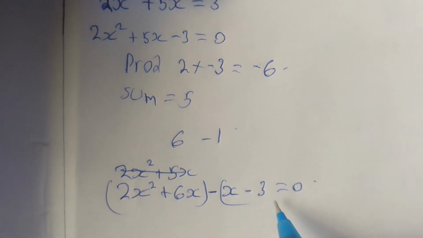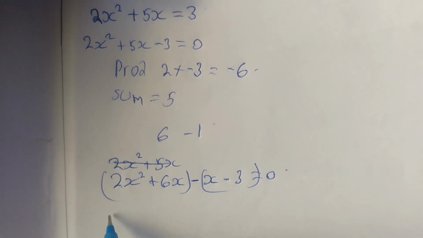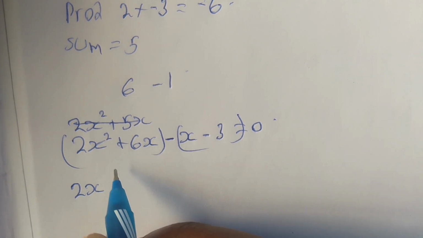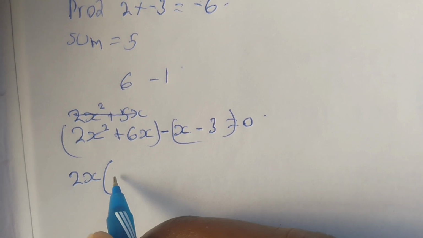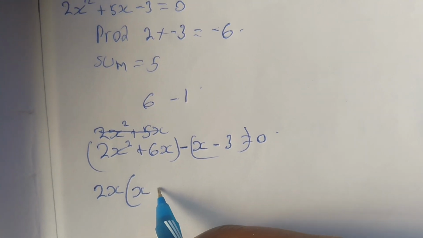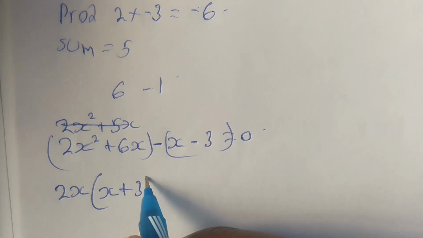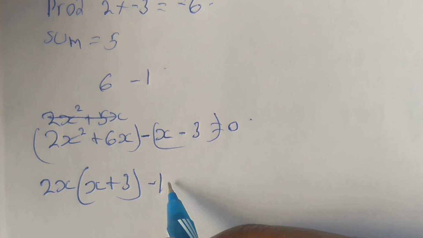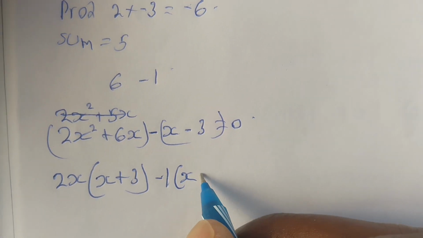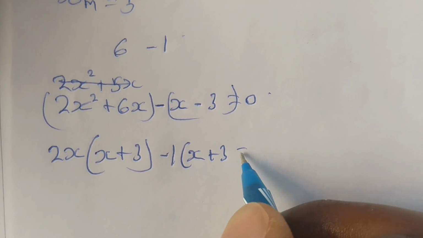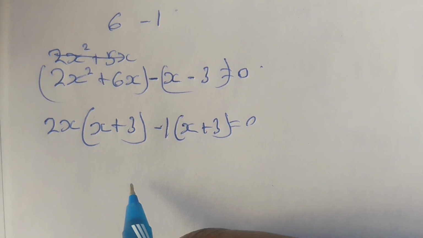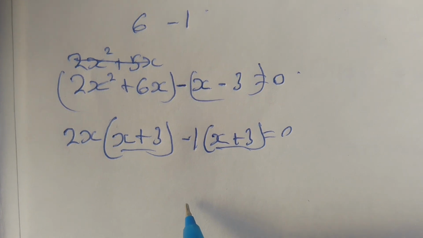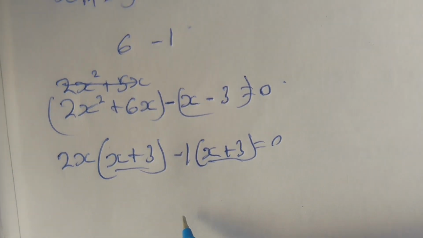Take the 2x into x plus 3. Another one will be negative 1 into x plus 3. That is equal to 0. Because this bracket and this bracket are common, you only take one, because it will give you the same answer.